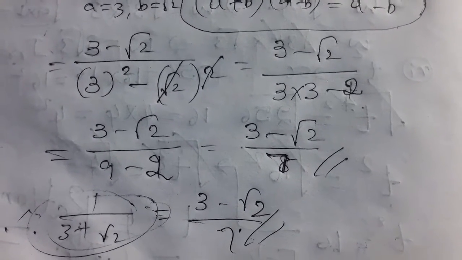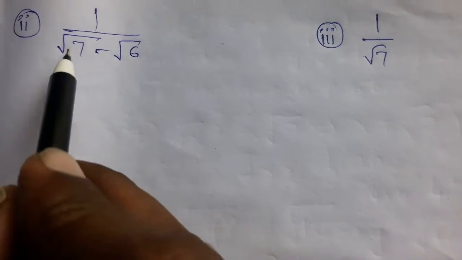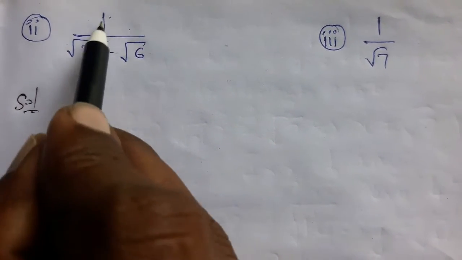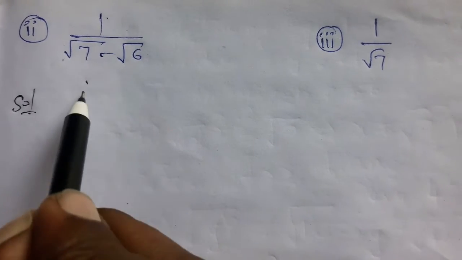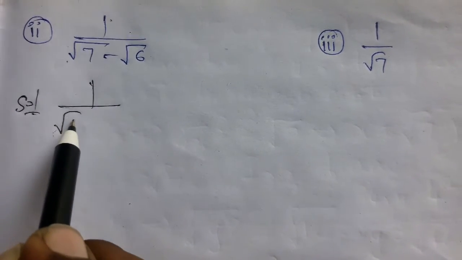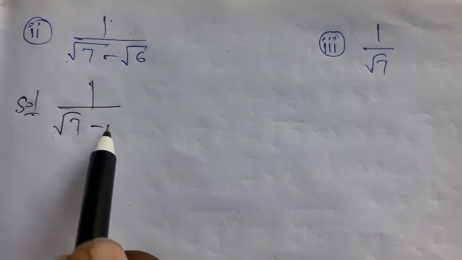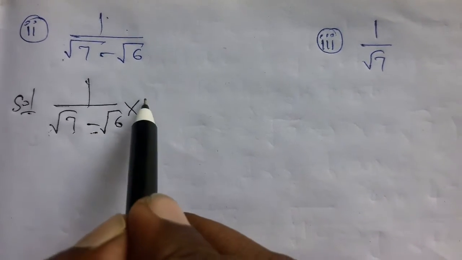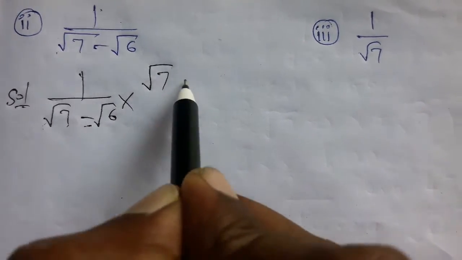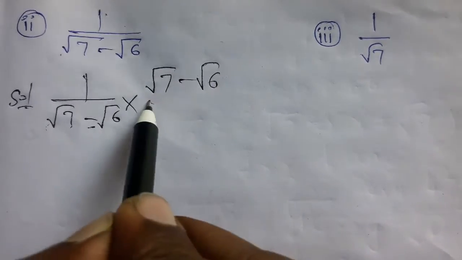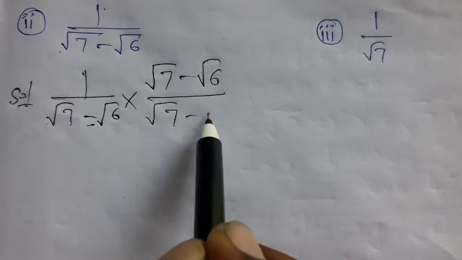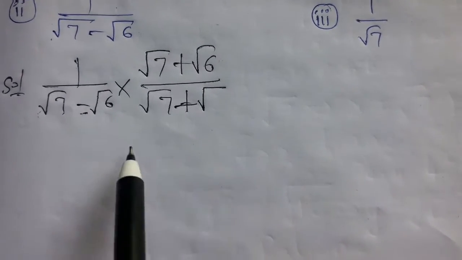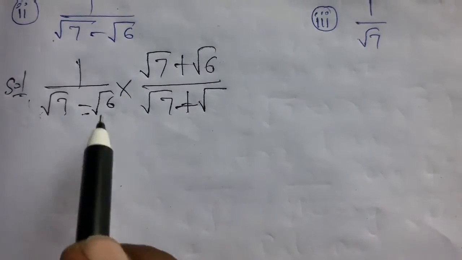Now move to next question. See here solution. What is given? 1 by root 7 minus root 6 given. So here is minus, we take plus, multiply and divide with this. Here plus, why? Here is minus. So this is a rationalizing factor of this.